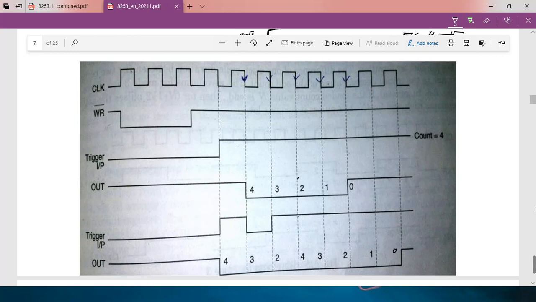The important thing to note in this mode is that whenever we apply a new positive edge on the gate pin, it is reloaded with the old count value and counting starts thereafter. This must be noted in this mode.